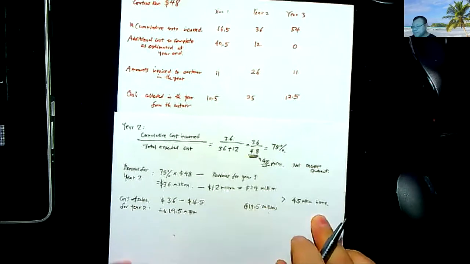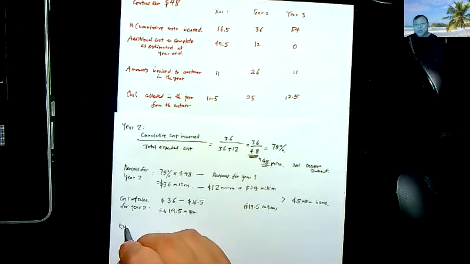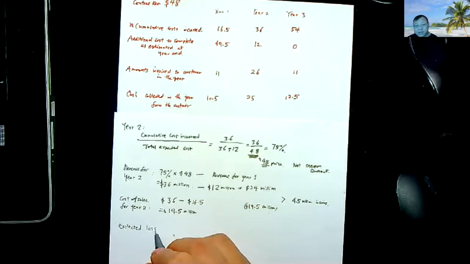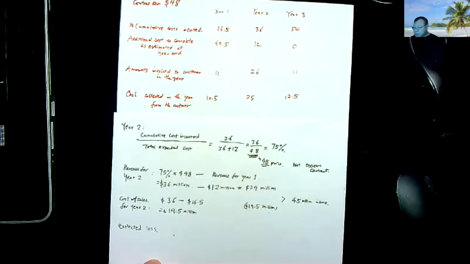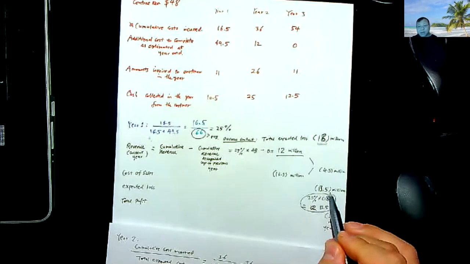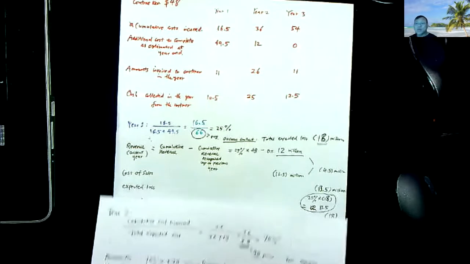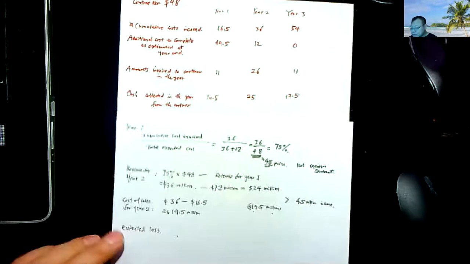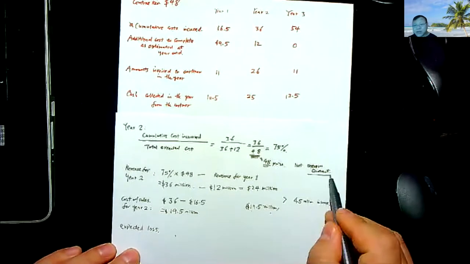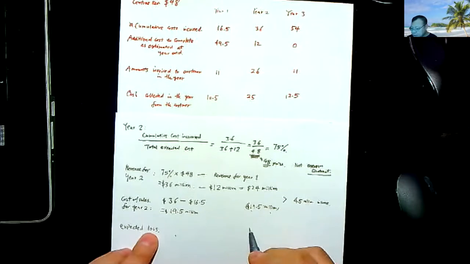Because it's not an onerous contract, you have to reverse the expected loss. In year one, you recognized a $13.5 million expected loss due to the onerous contract. But now, you know it's not an onerous contract. You have to reverse that entry, right? You're going to have $13.5 million.